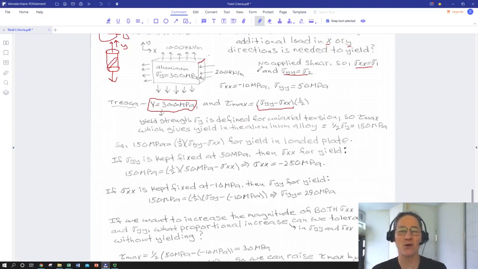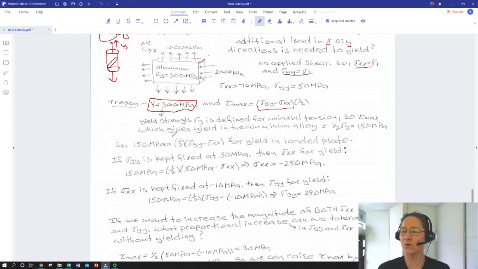We've got a sigma XX of -10, a sigma YY of 50, so we're applying 30 megapascals. So 50 minus -10 is 60, divided by 2 is 30. So we effectively have a factor of safety of 5 at this point against yield in the current state.